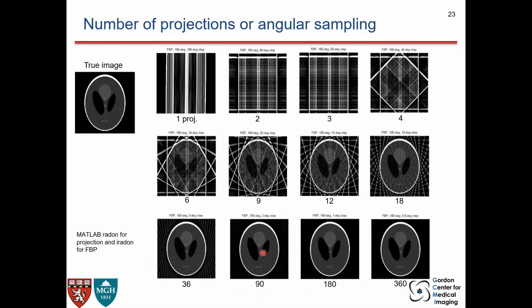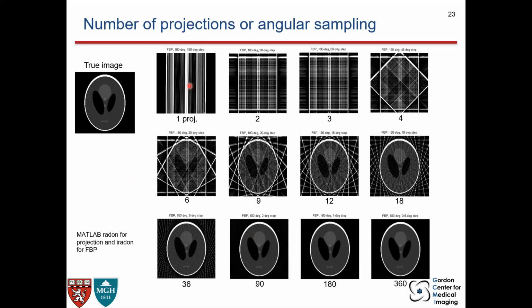If you want to relax the angular sampling and go from 2 degrees to 5 degrees, you see all sorts of artifacts, right? In iterative reconstruction, most of these are going to be taken care of. But, as I said, FBP is the main reconstruction method that is being used and provided by all the manufacturers.